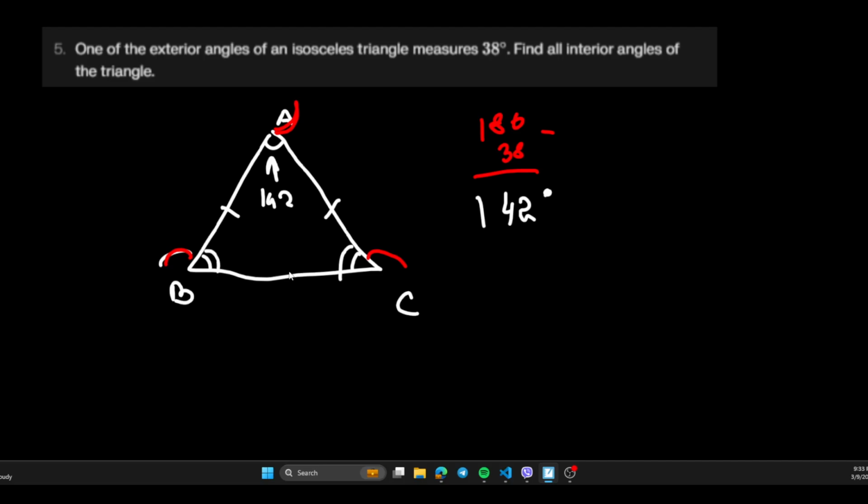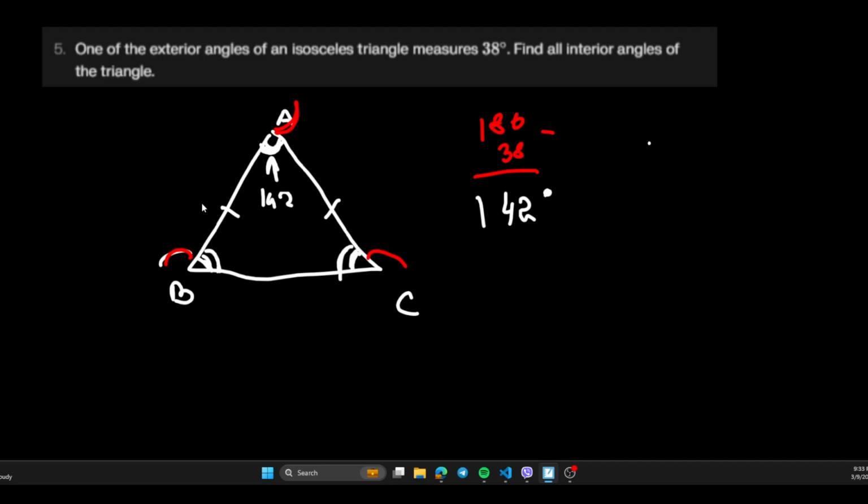These two other angles are congruent with each other.